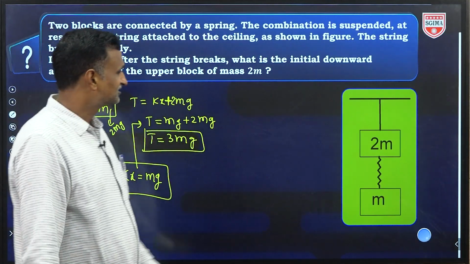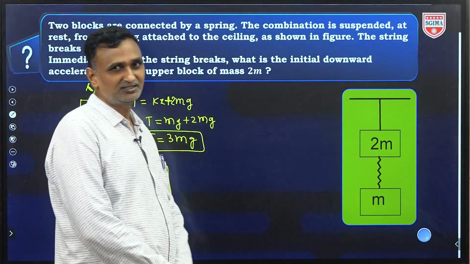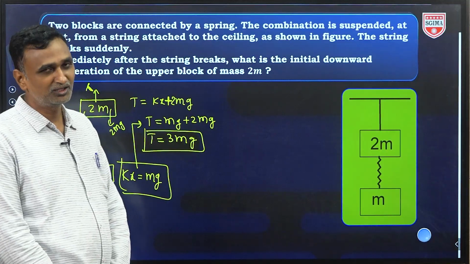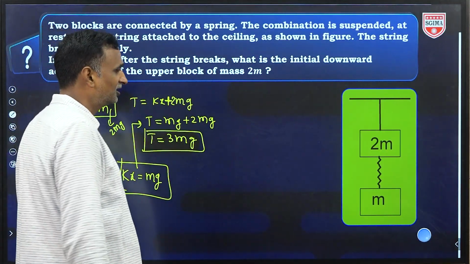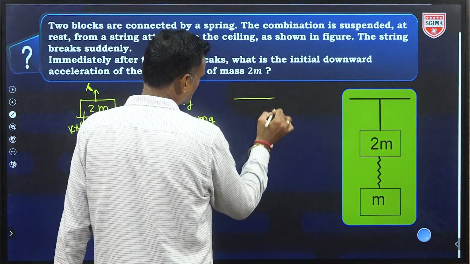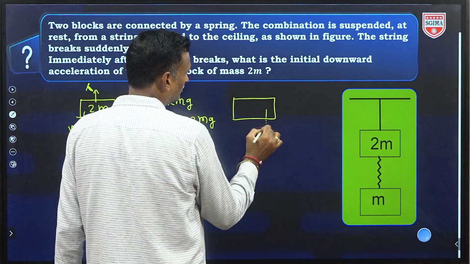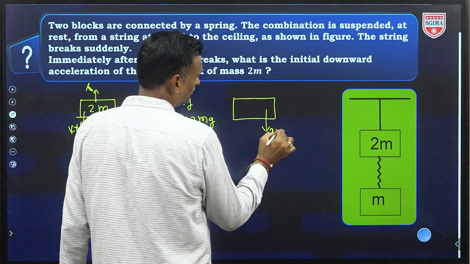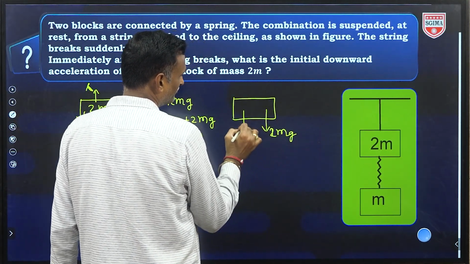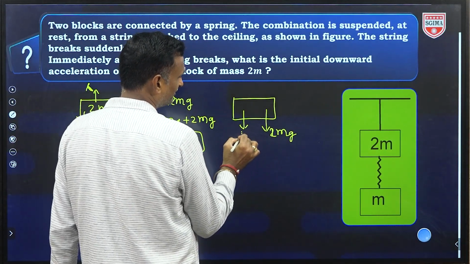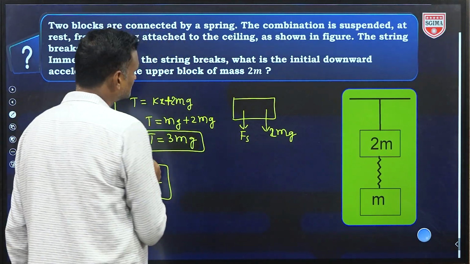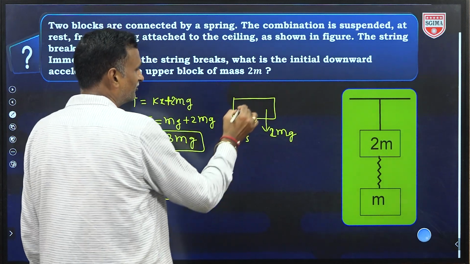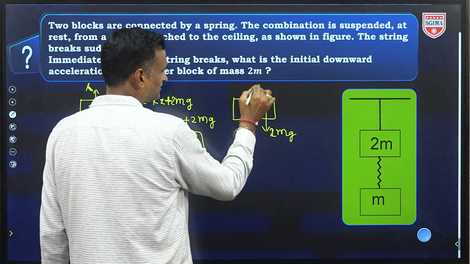Now suddenly the string is cut, means suddenly the string or rope broke. Then after cutting we can understand here downward force is how much? 2mg, and downward force is how much here? Spring force. Now upward force, actually initially how much we have?